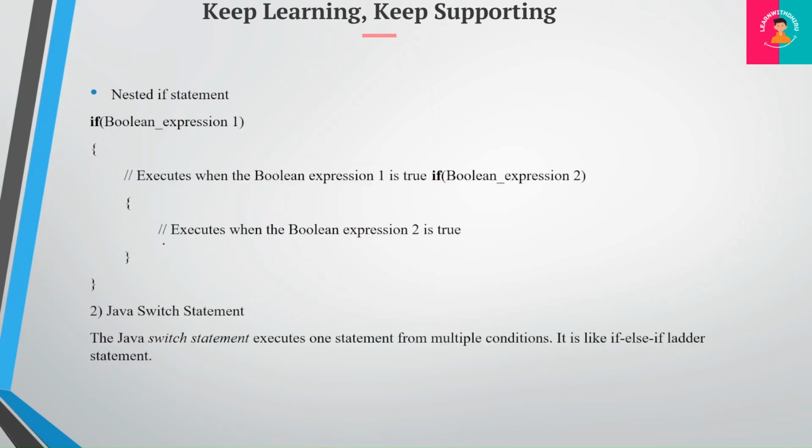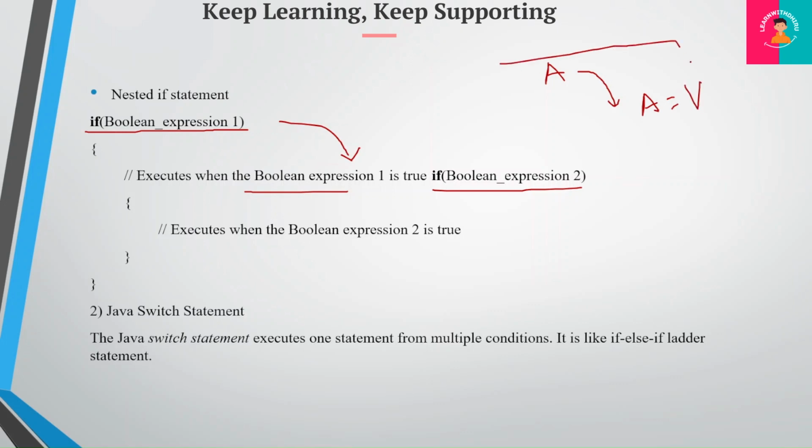Then coming to the nested if: if the first expression is true then execute, then write another nested if statement. Like if a is greater than 20, then it will go inside, then it will compare if a is equal to some value.